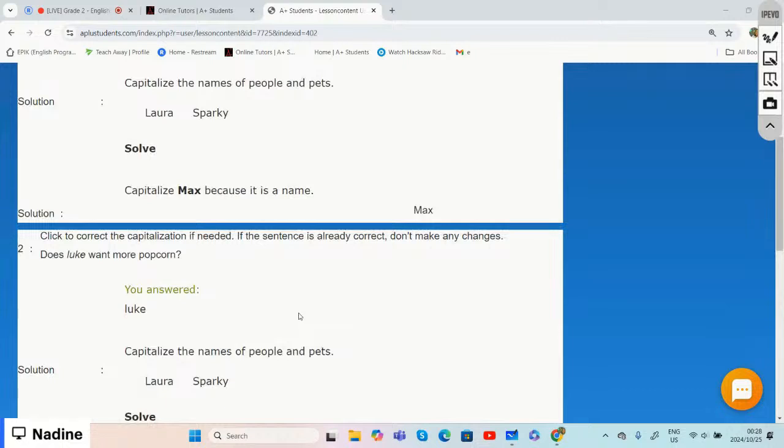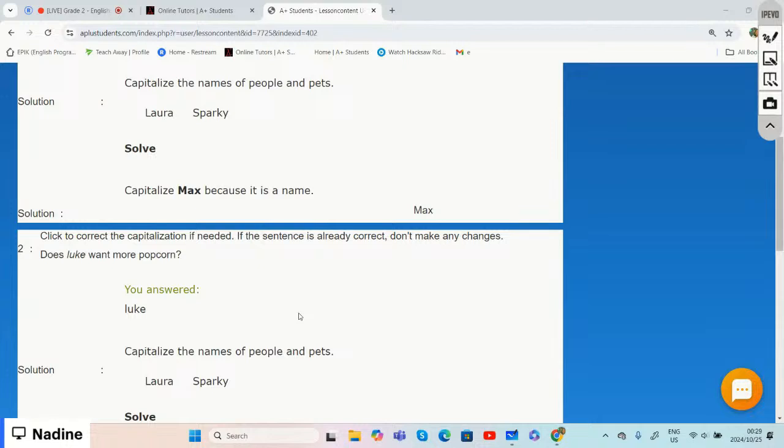Does Luke want more popcorn? So we don't need to correct the capitalization and choose the word that needs to be capitalized.